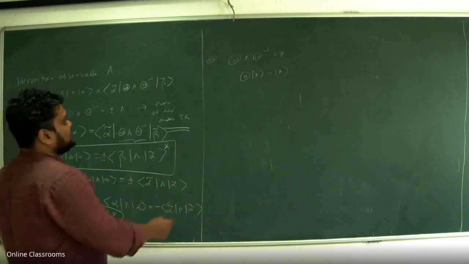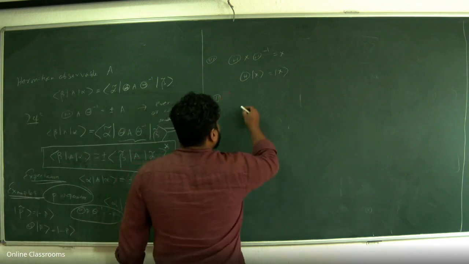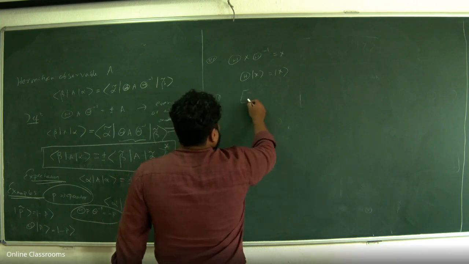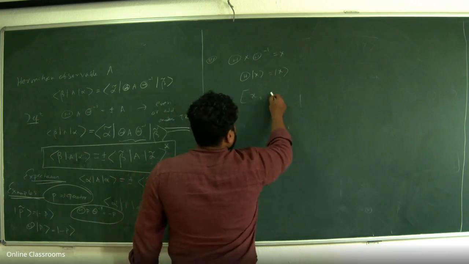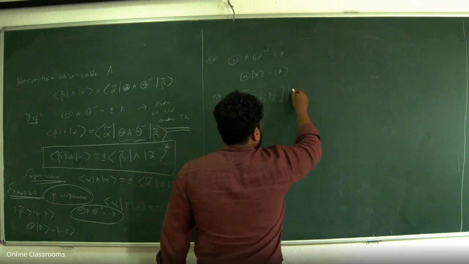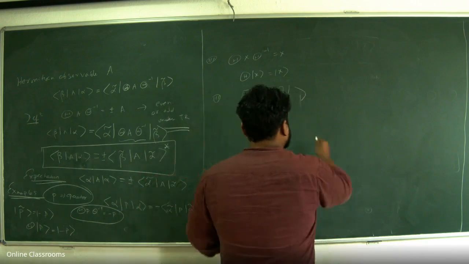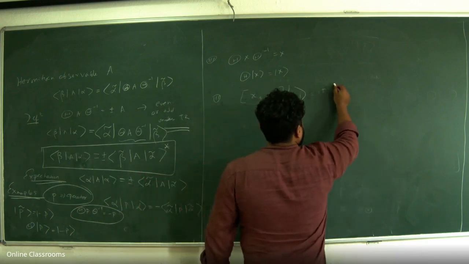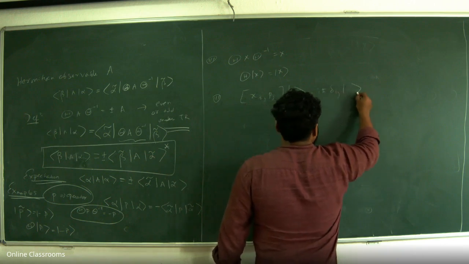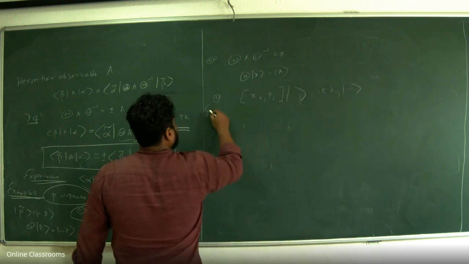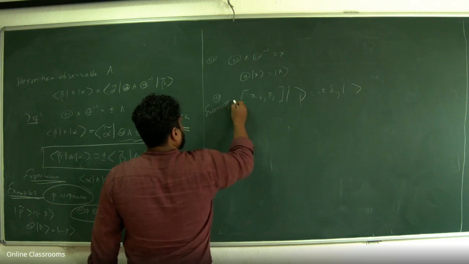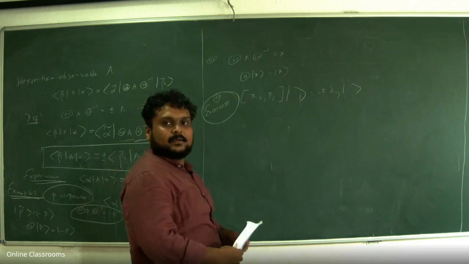Now I leave you this as an exercise. Try to show this: x_i p_j acting on some state is expected to give you i h bar delta_ij. Okay, so exercise, right?